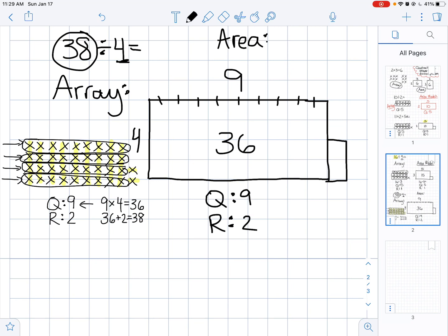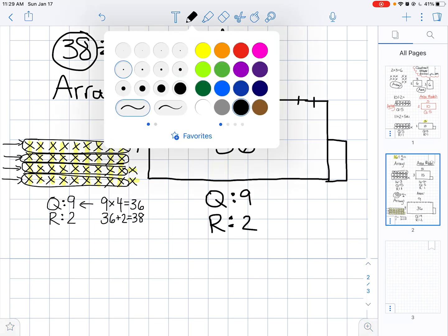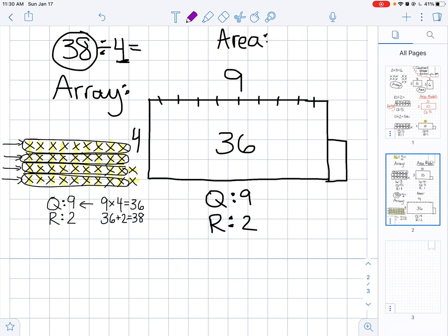On some of the later problems, they do not give you a grid for making your area model. You don't necessarily need a grid. If you have drawn your array, you should be able to make an area model that matches nice and easily. Take a look at my little array right here. If I look at my array, I can easily make my area model without even having to do skip counting.